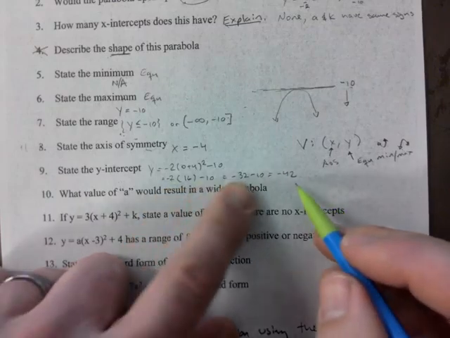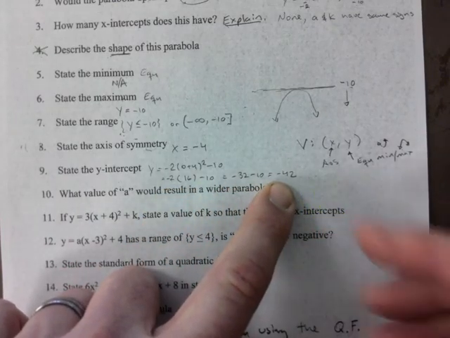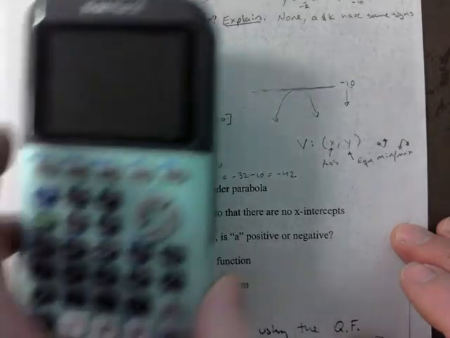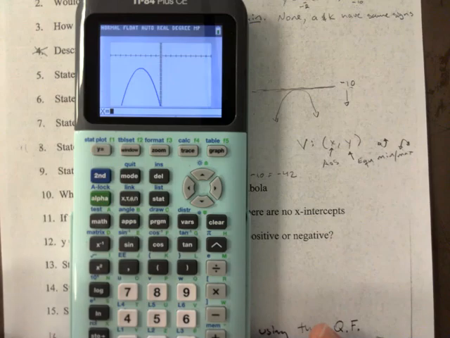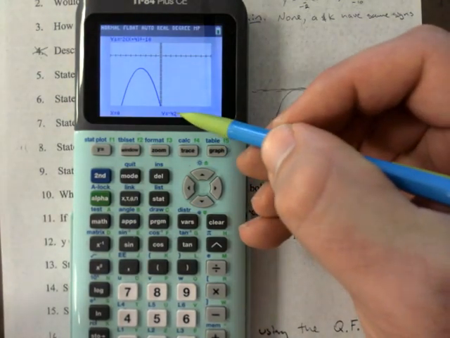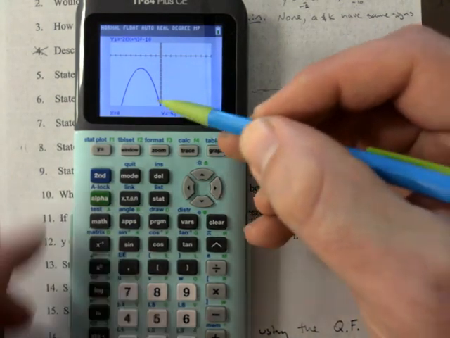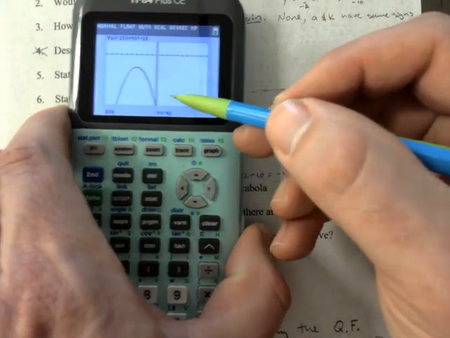Either you did it this way, or you used second trace value, x is equal to 0, and you also get -42. I don't see it on my screen right now, but it's there.